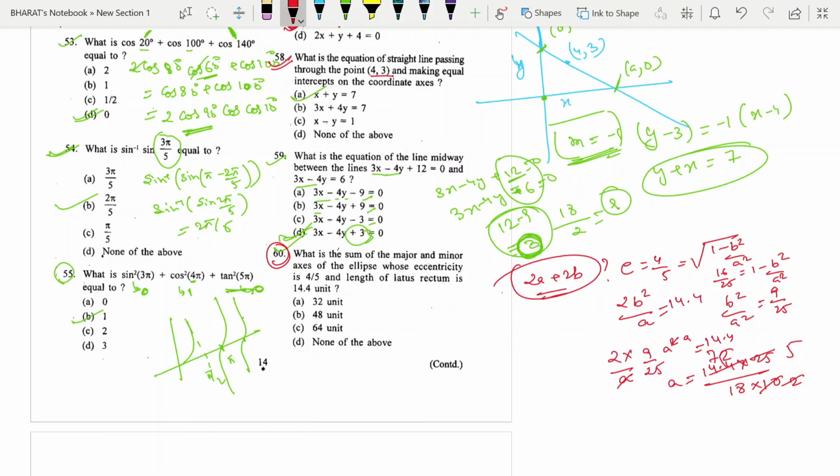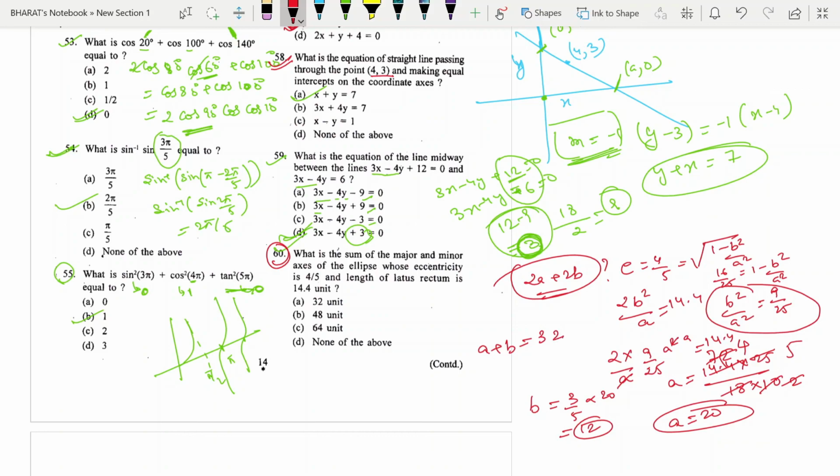This will be equal to 20, so a will be equal to 20. Now find b. For finding b, we will use this equation. So b will be equal to 3 by 5 into 20, that is 12. Okay, a plus b will be equal to 32, and 2a plus 2b will be equal to 64, that is C. So C is the answer.